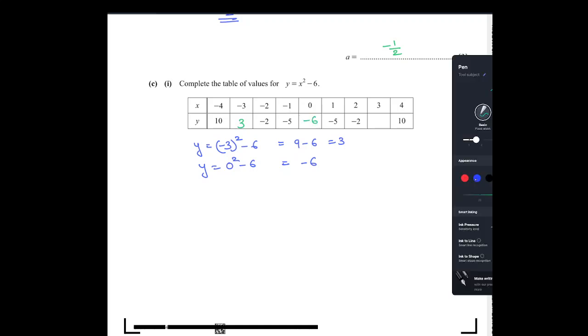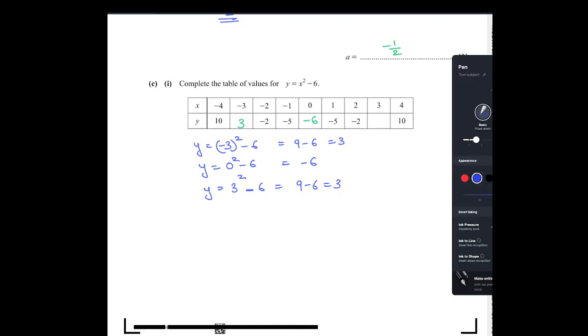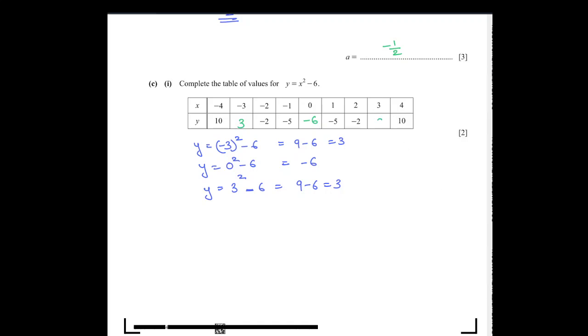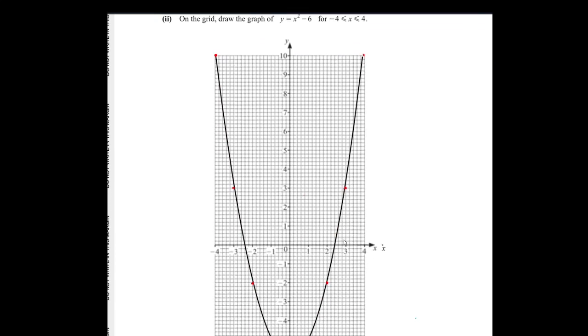Next is 3. With 3 you will get the same as you got here, because whether it is negative or positive, it will be the same value when squared. So this is 3. The table is completed. Question number C2.